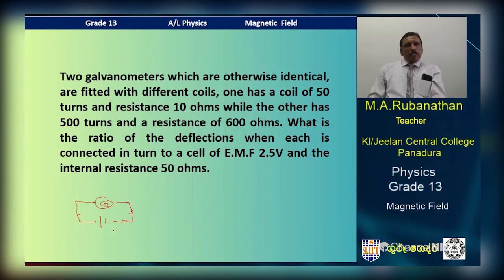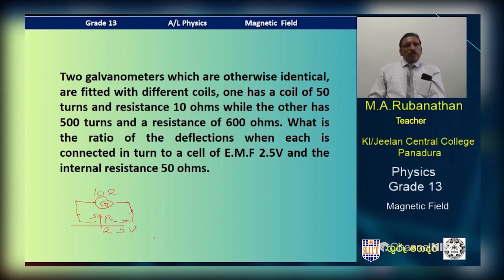This battery's voltage is 2.5 volt and the internal resistance is 50 ohm. When we use the 50 turn galvanometer, the resistance is 10 ohm, and when we use the 500 turn, the resistance is 600 ohm. So when we increase the turns, the resistance increases.